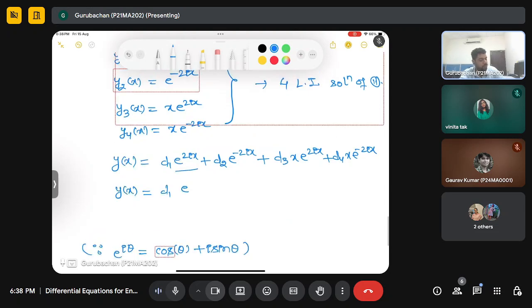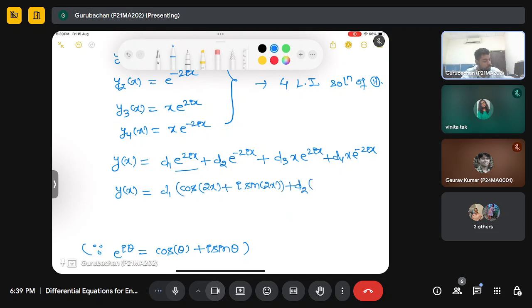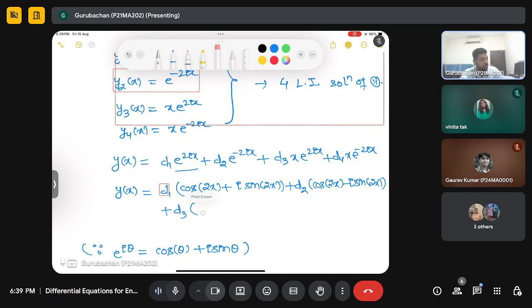So here it will be d1 (cos 2x + i sin 2x). The next one will be d2 times (cos 2x - i sin 2x). The next one is d3 x; we can take x common.